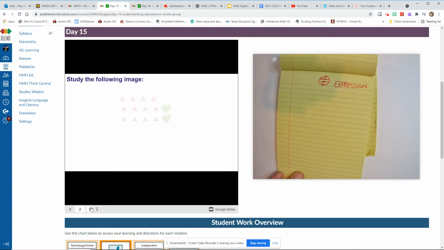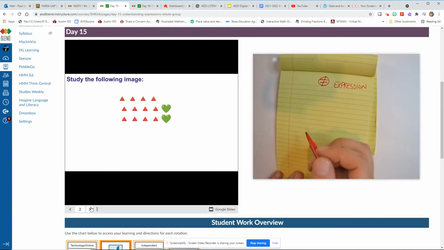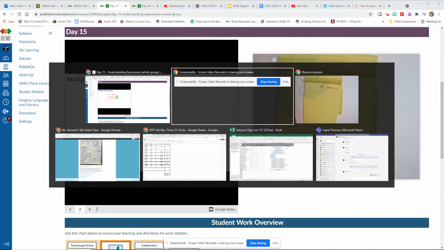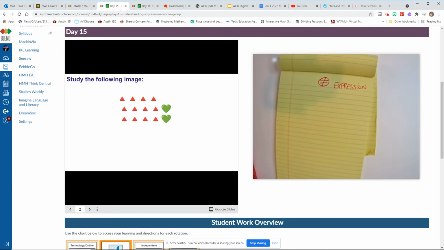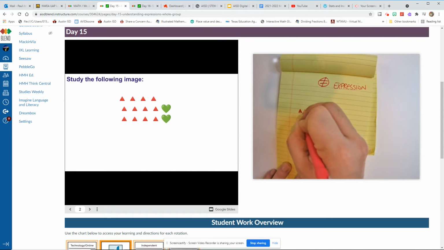Study the following image. Okay. So it appears that we have 4, 8, 12 triangles. I'm going to draw the same formation.